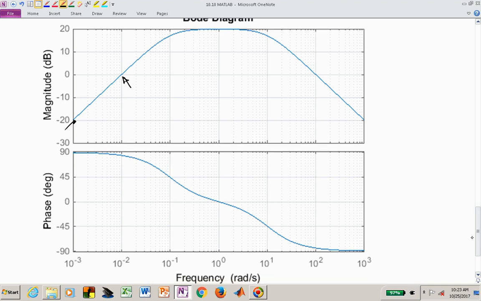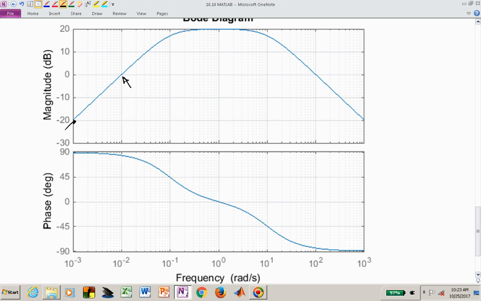The phase begins to activate a decade before the first pole, which was at 0.1. So at 10 to the minus 2, we start to see some transition in our phase, and we do it with an approximation of a straight line, and it quits.